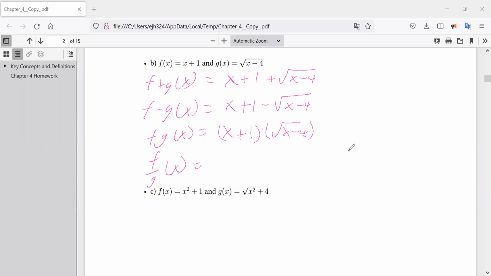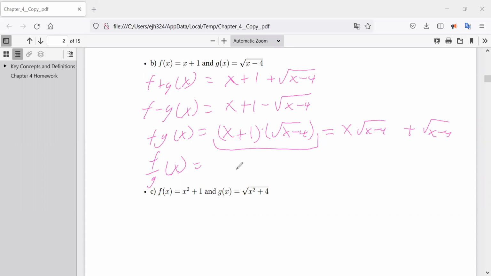And this one, you could distribute it, but it doesn't actually give you anything much nicer if you do this. So I would probably leave it like this, but if you wanted to distribute it, that's fine. You won't be wrong if you just leave it like that. Especially for this one, you don't really get any benefit to doing it out.